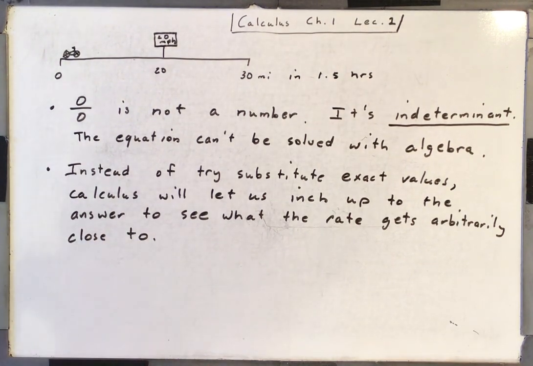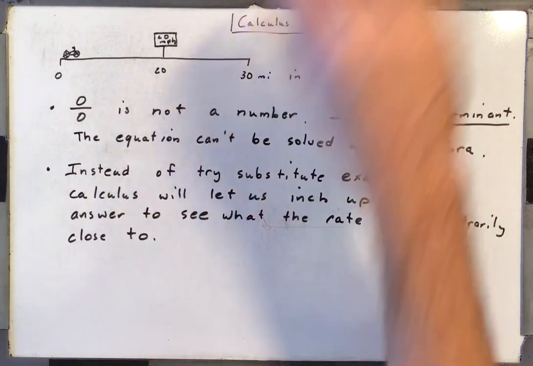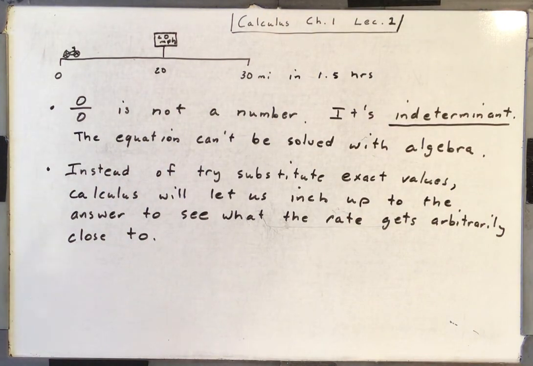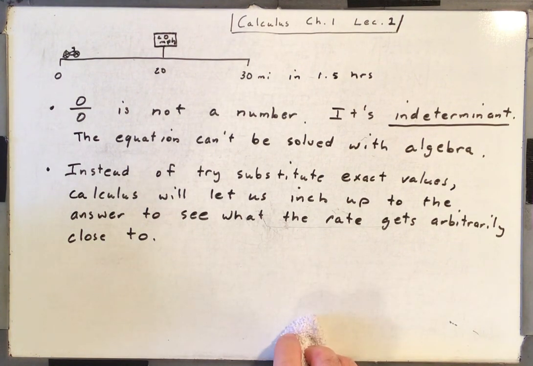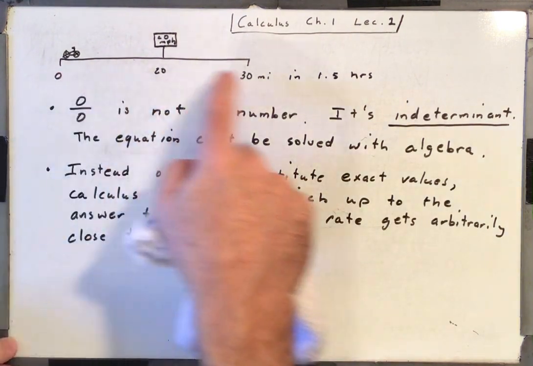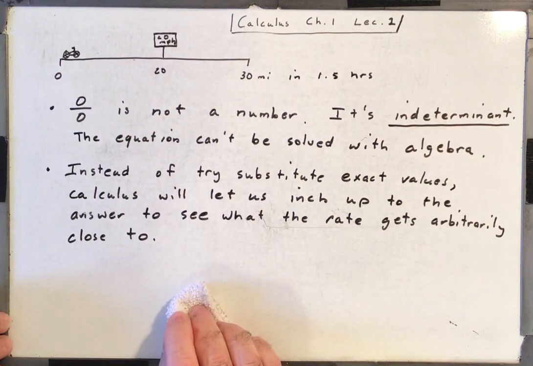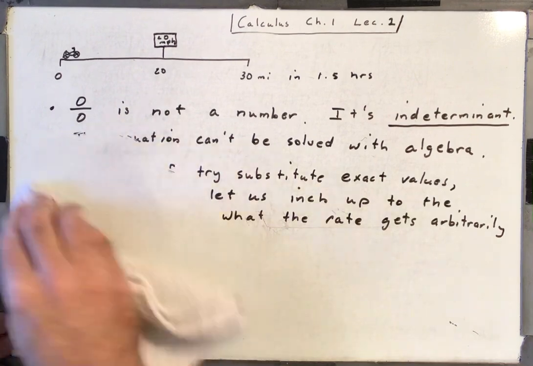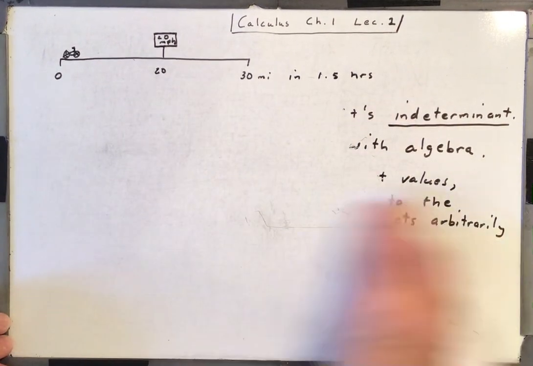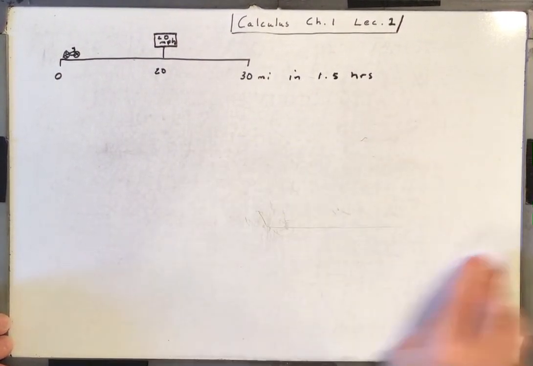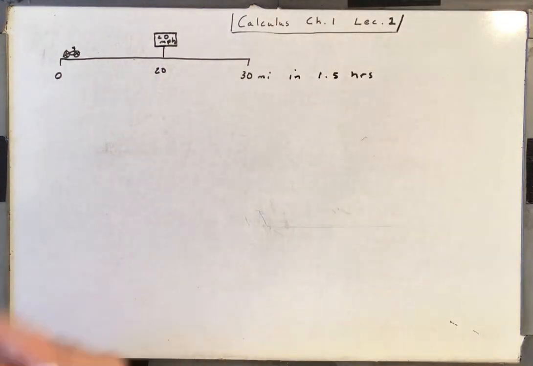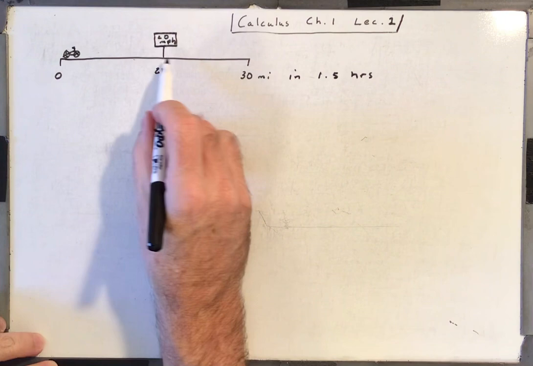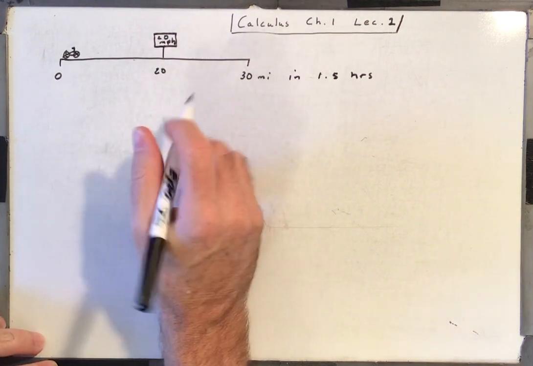All right. So let me see if I can show you mathematically what I'm talking about here. Okay, so I'm going to erase this. You go ahead and draw the bicycle line again. I'm not going to draw it again, but you draw it again underneath this. And let's see if we can inch up to the value. Let's see if we can approximate it.